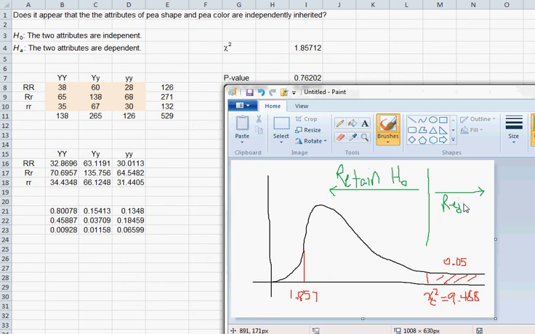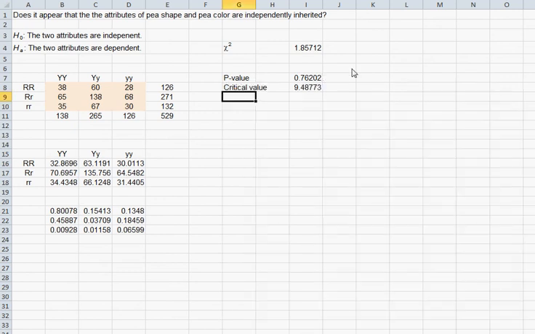So I can make the determination about whether to retain or reject the null hypothesis two ways. I can compare areas directly, which means comparing p to alpha, or I can compare x-coordinates directly, comparing my test statistic to this critical value. Both methods are logically equivalent. Excel permits us to do it both ways.